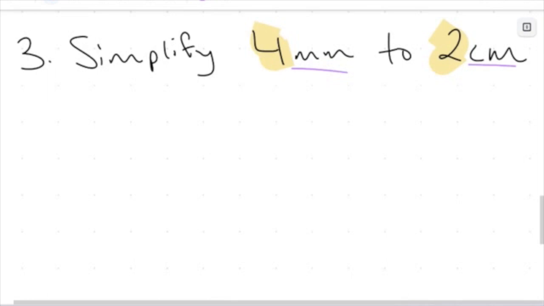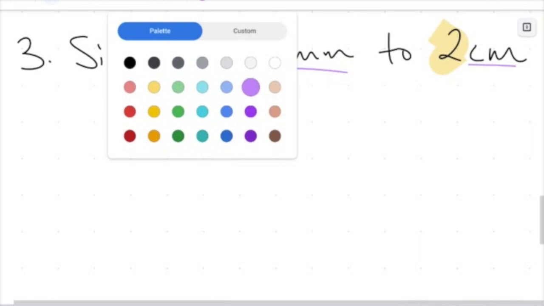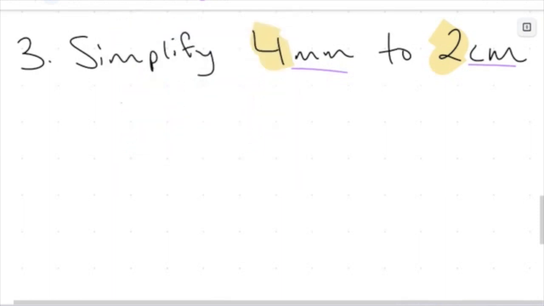So I'm going to choose the language of millimeters here. I want to convert units to millimeters.